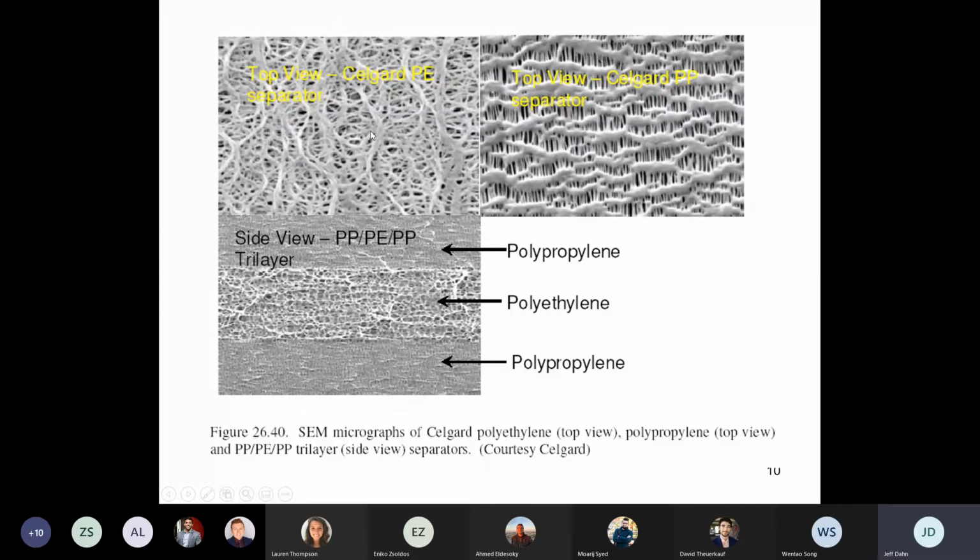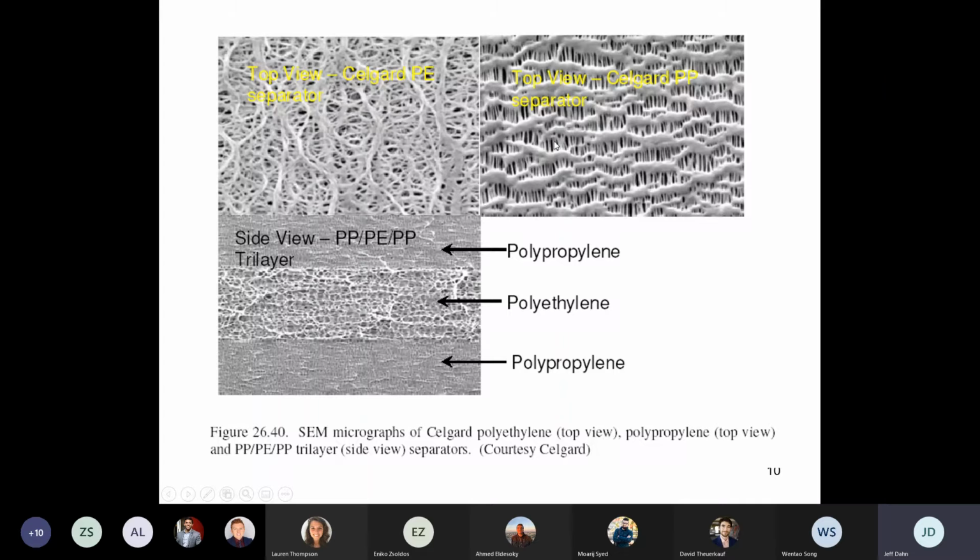And these are top-down SEM photos of a polyethylene and a polypropylene separator on the top. The holes that you see, there are no scale bars, sorry about that. The holes in the polypropylene separator here are about 40 nanometers in size, so they're quite small.